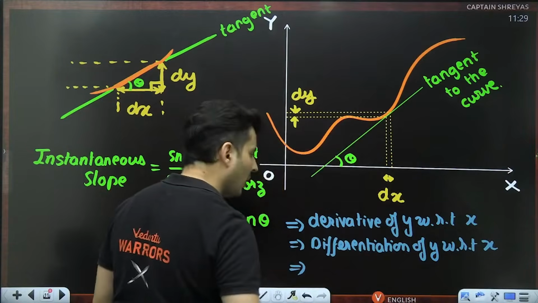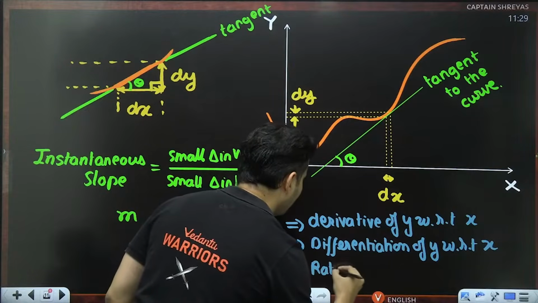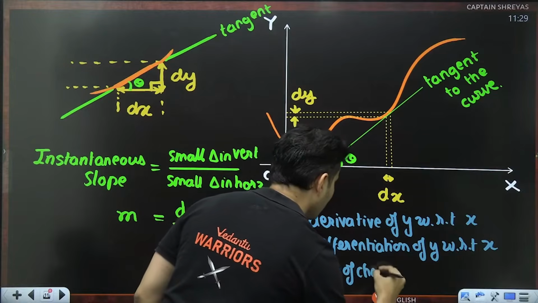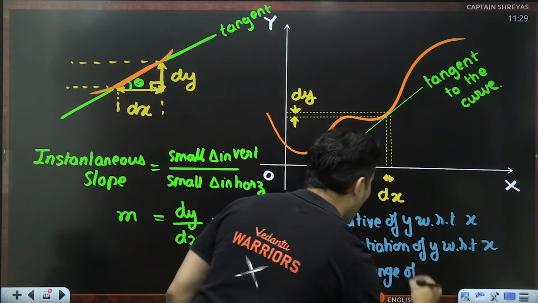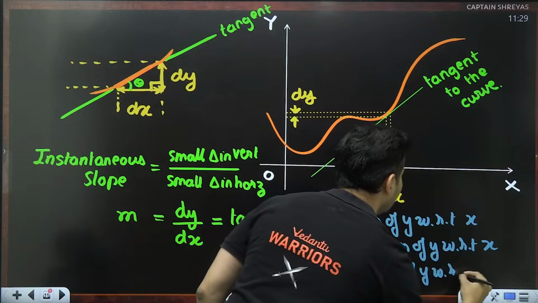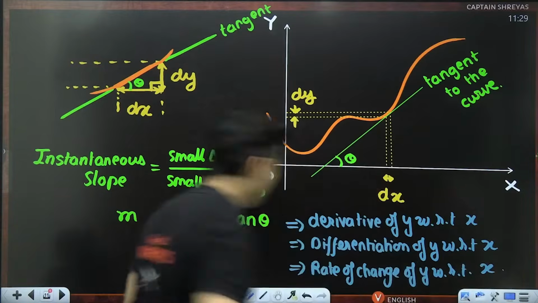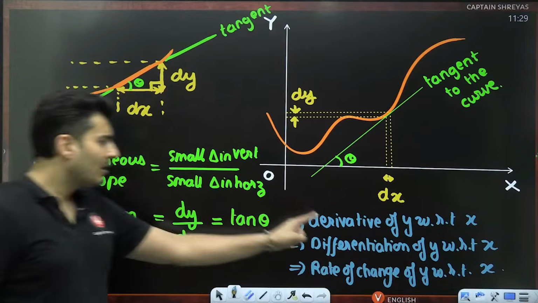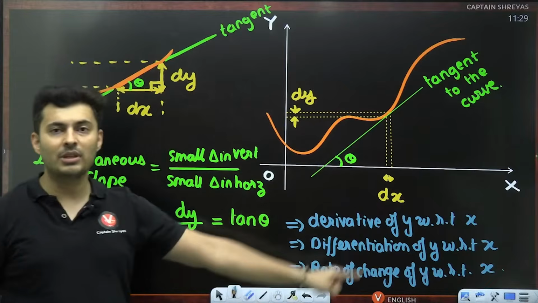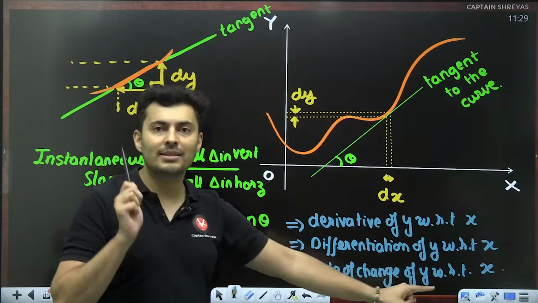Then you can also call it the rate of change of y with respect to x, or you can just call it dy by dx. All these things mean the same thing.